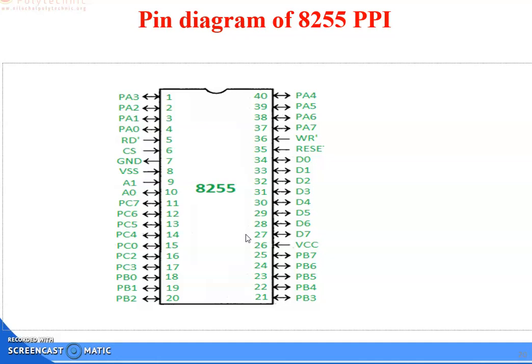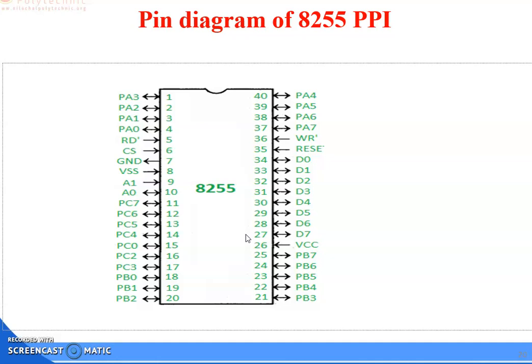Pin number 18 is PB0, that is port B0. Pin number 19 is PB1, that is port B1. Pin number 20 is PB2, that is port B2. Pin number 21 is PB3, that is port B3.